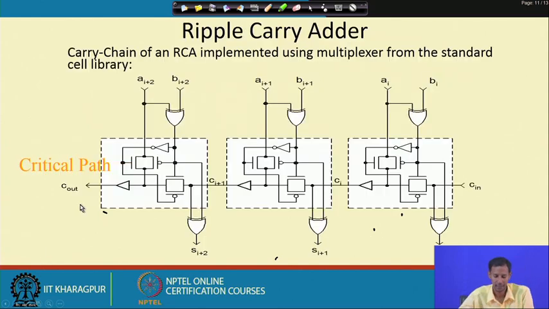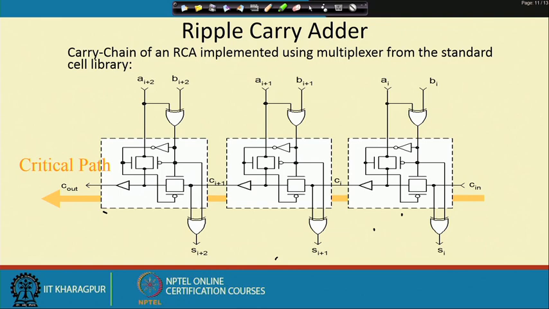And this is the transistor level implementation of this, and here you see the critical path is this, which passes through each of the bit positions, each of the full adder or half adder cells. So, this is the ripple carry adder implementation using the standard cell library.